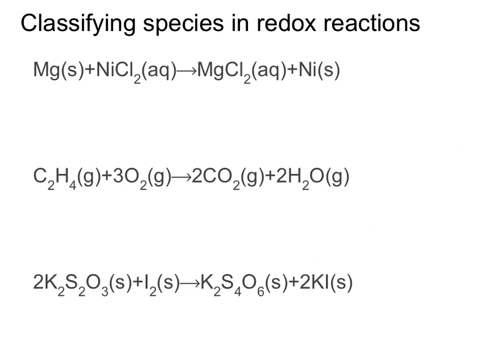And so now try some on your own. In each of these reactions, identify the species being reduced, the species being oxidized, and identify what is acting as the reducing agent and the oxidizing agent. Pause the video now, practice these, and then start the video back up to check your answers.